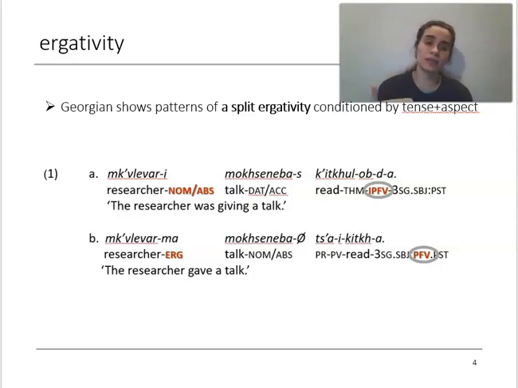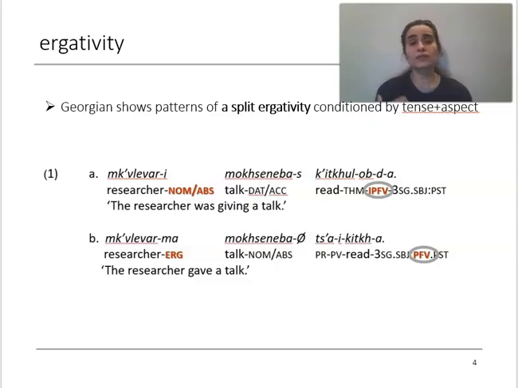In the second series of Georgian, the so-called aorist series, it has ergative marking. So if the verb has the imperfective past aspect, the subject is marked with nominative, absolutive. But if the verb has the perfective aspect, past tense, then the subject is marked with ergative.